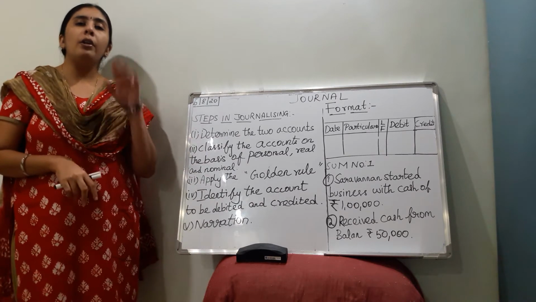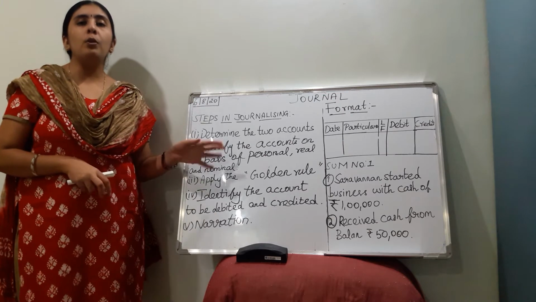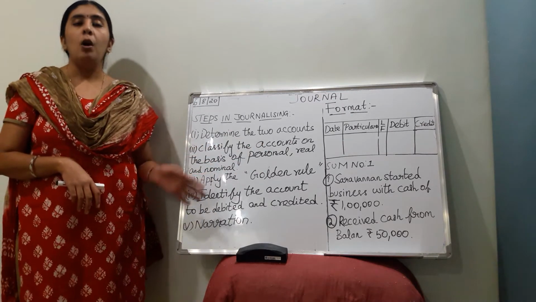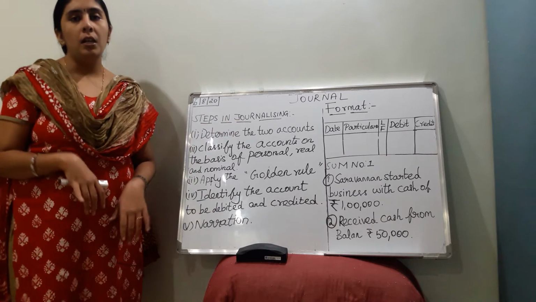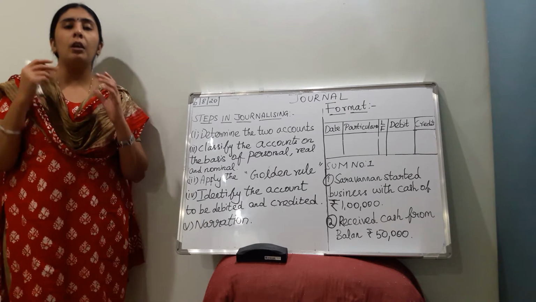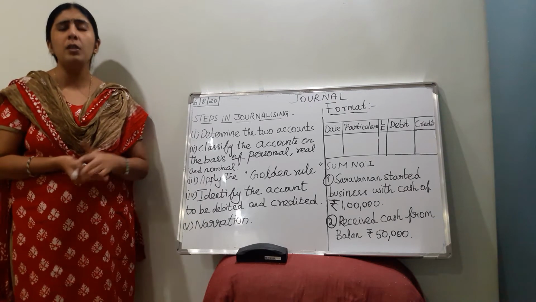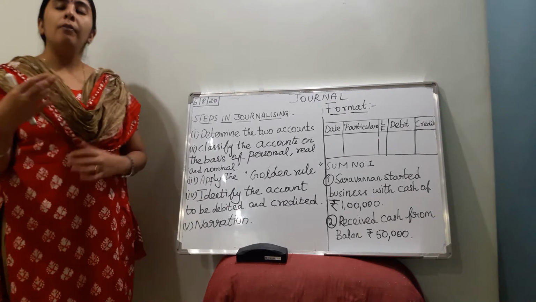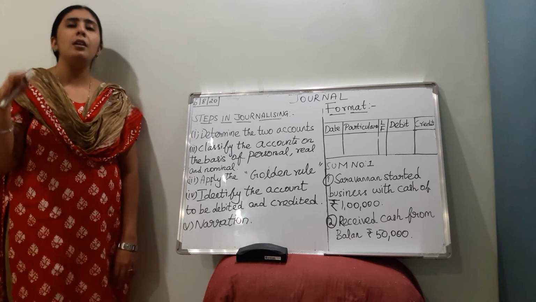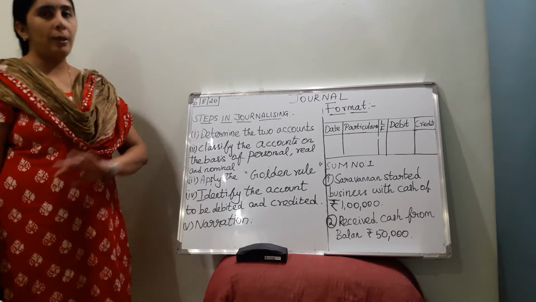After that, in order to apply the golden rule, we have to classify the accounts as personal, real or nominal. If you are not thorough with the classification of accounts, initially it might be difficult. As you go on, you will remember all the transactions, so it will be easy for you to write them straight away.